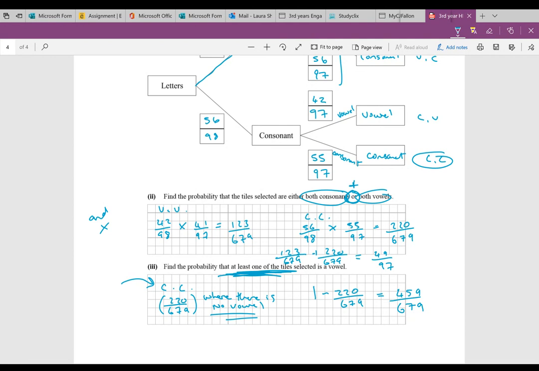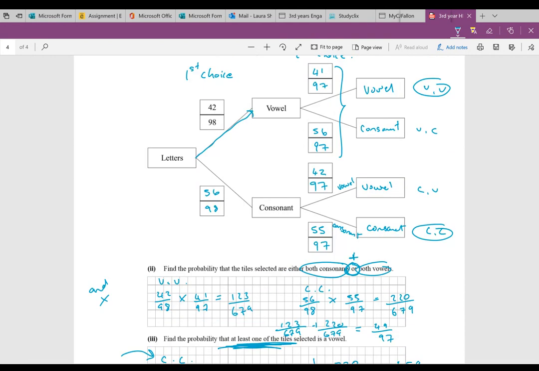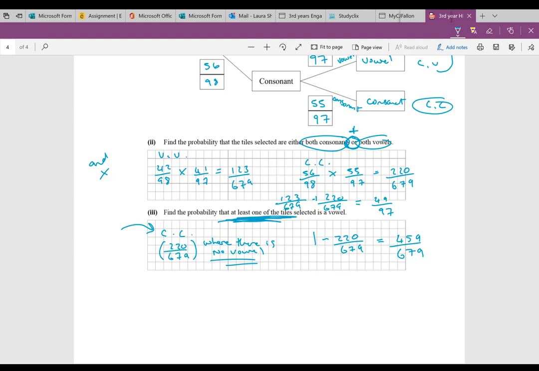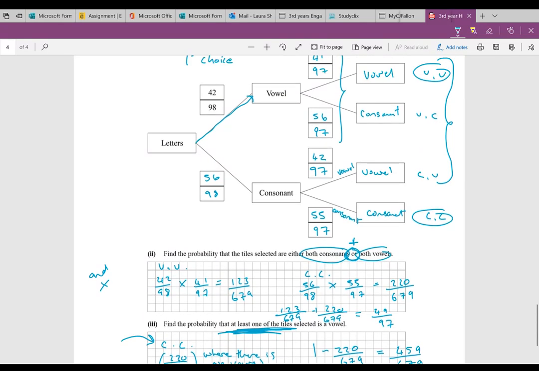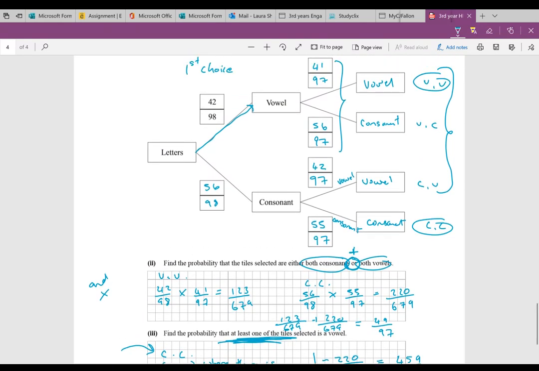Alternatively, you could have found the probability of the vowel and the vowel, which we had was 123 over 679. You could have added it to the probability of a vowel and a consonant, so 42 over 98, multiply, apologies, 56 over 97.